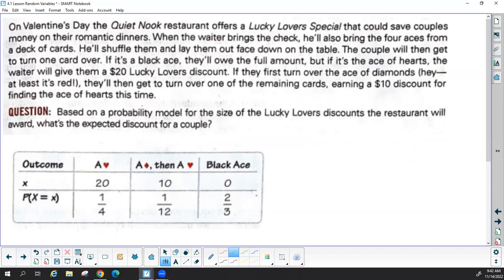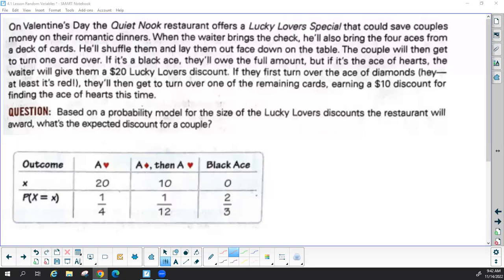So I want you to take a moment and I want you to read this question. So we have this scenario where we're drawing a card to try and get a discount at this Valentine's Day restaurant. And so we can have this probability distribution here, where if you pick the ace of hearts on the first try, you get a $20 discount, and there's a 1 in 4 chance of doing that.